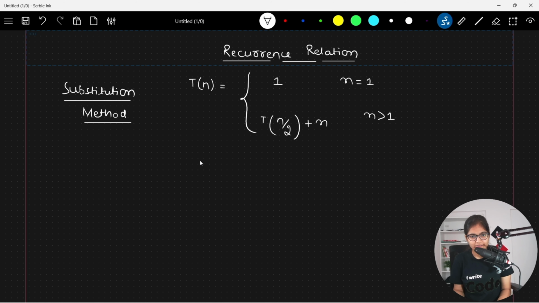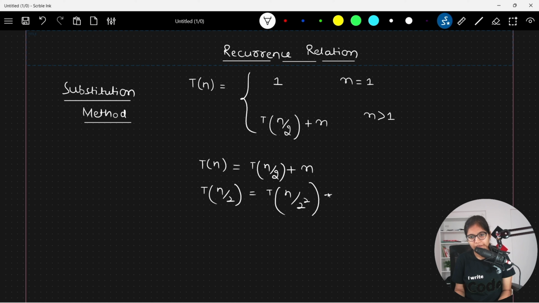So let's get started. I hope that everyone has already tried it once. So T(n) is equal to T(n/2) + n. Now what we can do is solve for T(n/2). It is equal to T(n/2^2) + n/2.